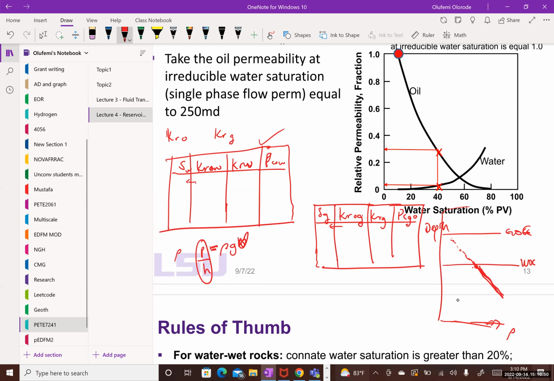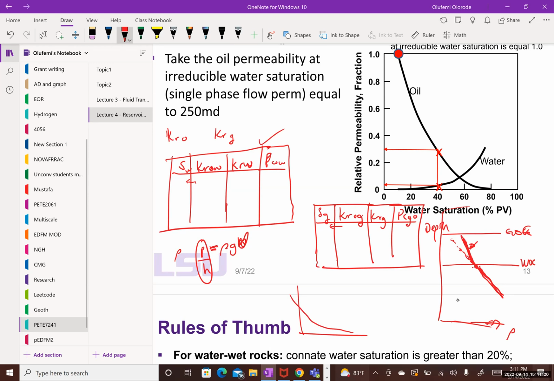And so this other one will be here, a different slope for oil, typically lower than that for water. And you can convert these slopes to capillary pressures, which will give you the saturation. So you can get the saturation from the capillary pressure.